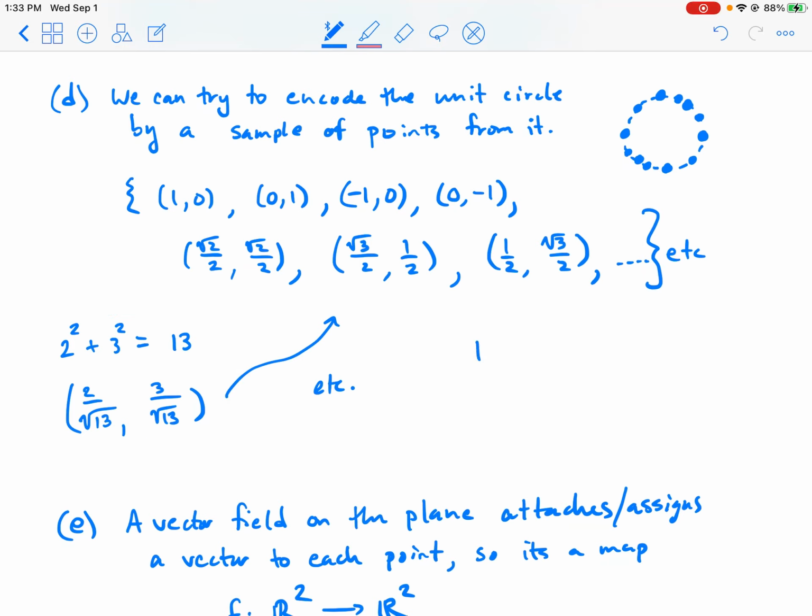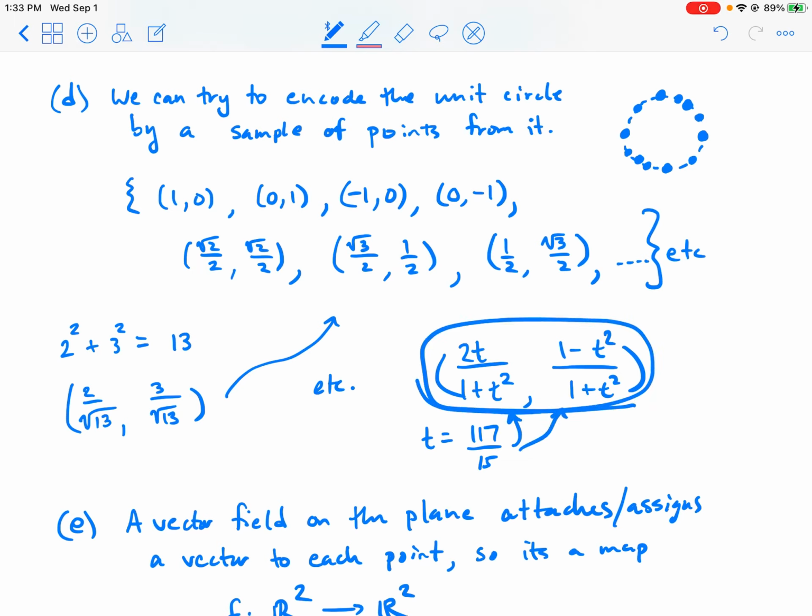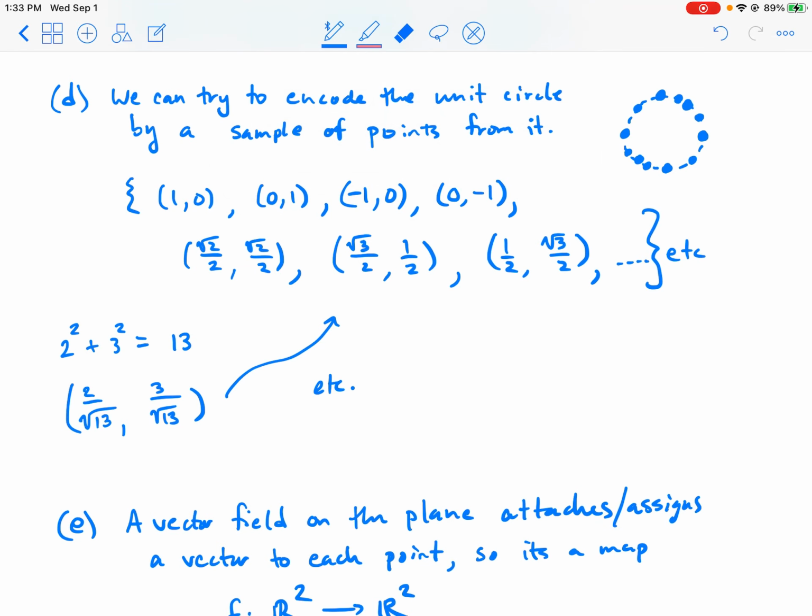And actually, if we use that rational map, 2t over 1 plus t squared, comma, 1 minus t squared over 1 plus t squared, we can plug in any rational number, like even t equals 117/15, and we're going to get a point on this circle. So actually, this parametrization is a nice way to generate points if we didn't have them from some experiment, but we wanted to generate them.